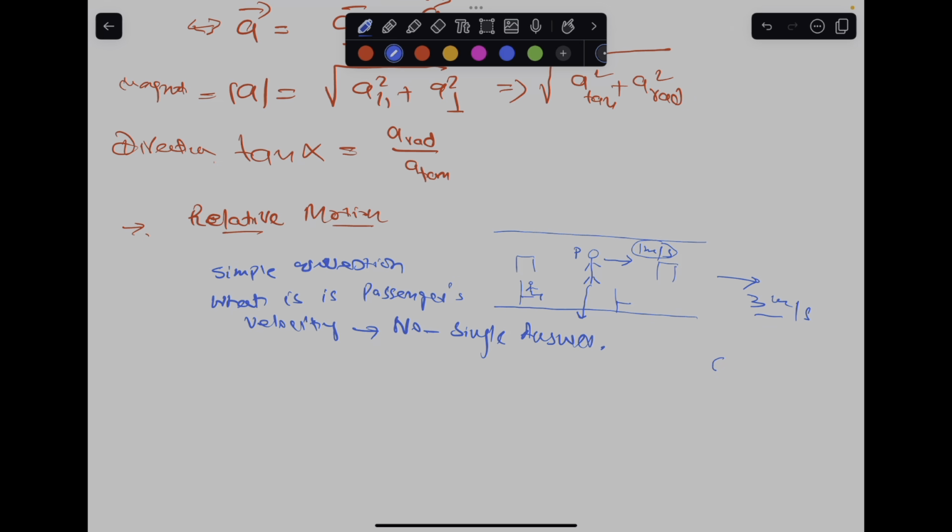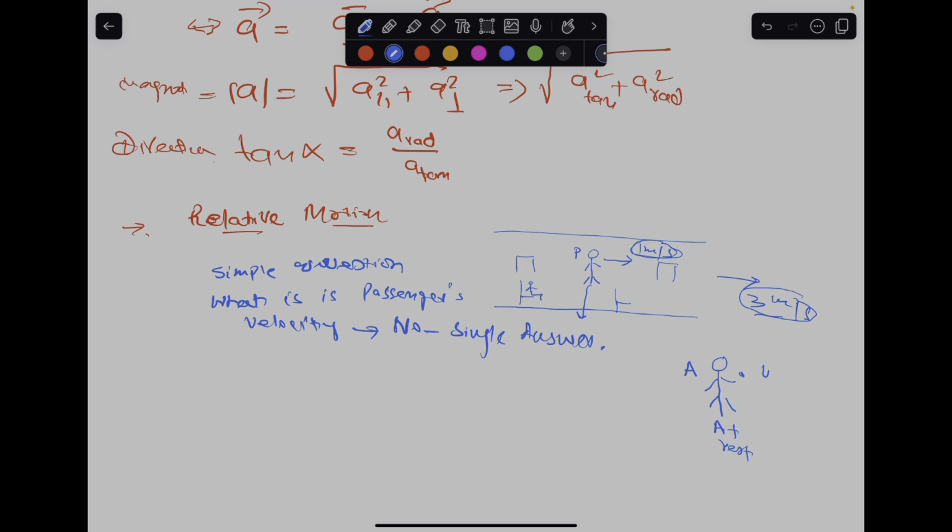But if a person standing outside the train, who is at rest and not moving, at A, observes, this person is moving in this direction, because it's moving 3 meter per second and 1 meter per second. So according to this person, its velocity is 4 meter per second.